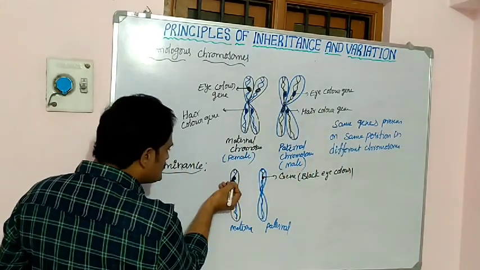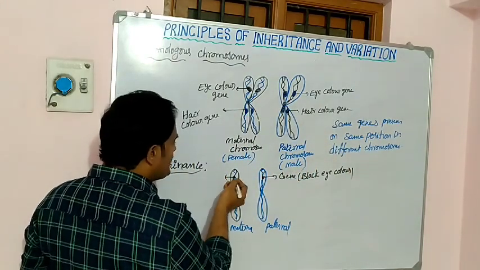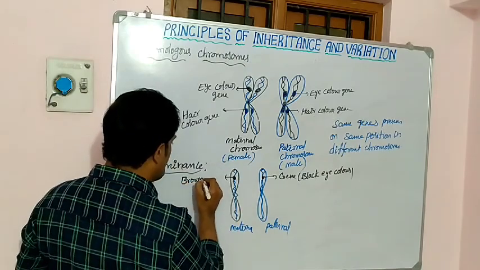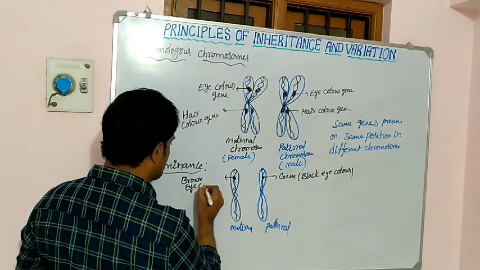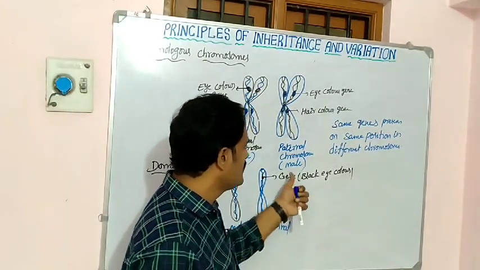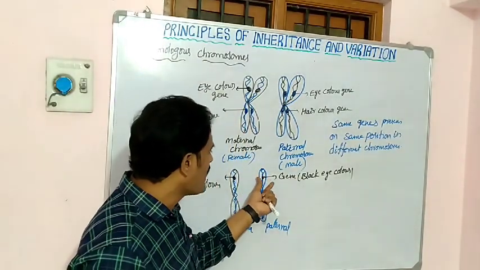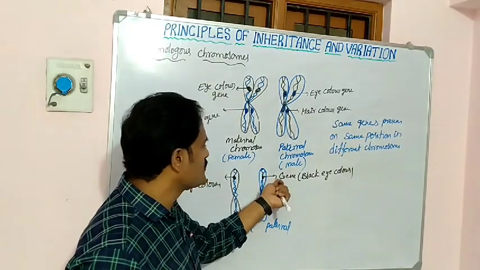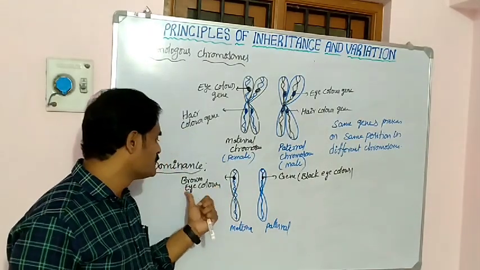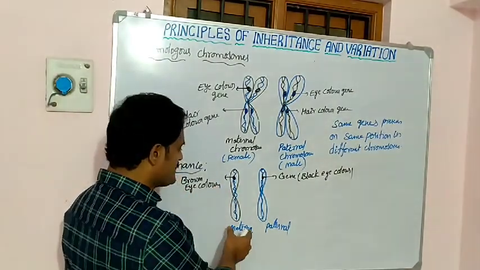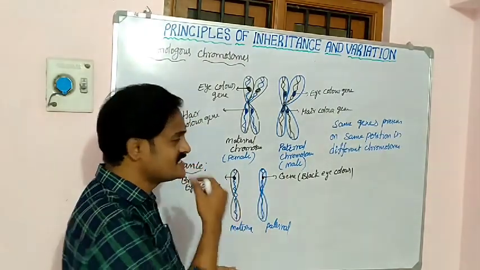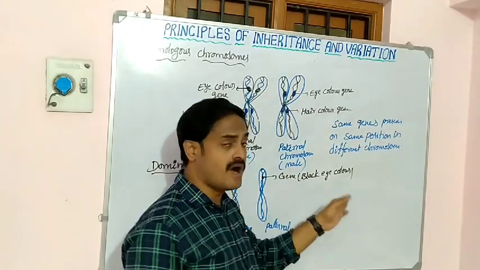Suppose this part of the gene decides brown eye color. Both are responsible for the eye color only, but one gene is able to produce black eye color, and the second gene is able to produce brown eye color. So this is a maternal and this is a paternal chromosome. Which kind of gene do we see in the offspring?